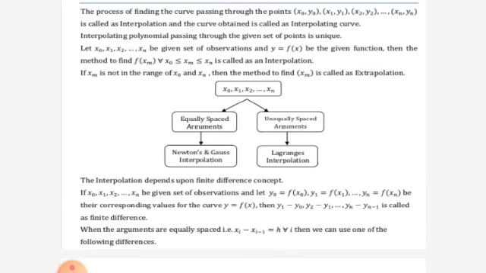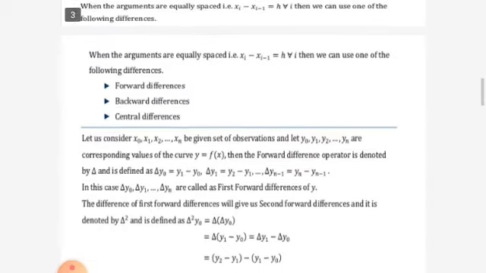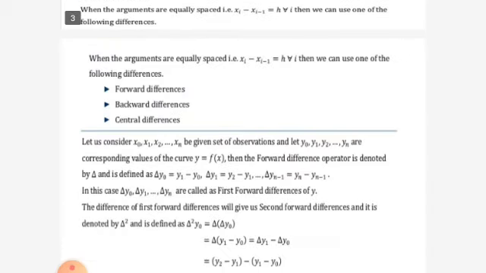First we are going to study equally spaced arguments. So we are discussing the equal difference. What is the difference? When the arguments are equally spaced, it means the next value of x minus the previous value of x is equal, then the arguments are equally spaced.